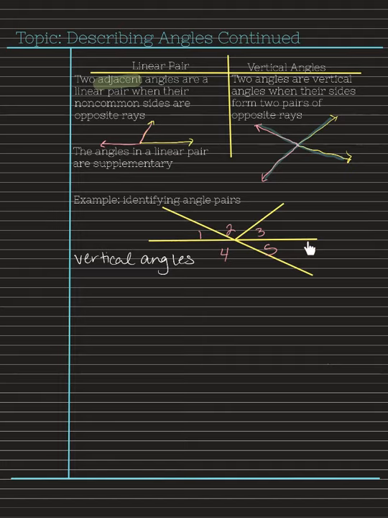I see one straight line here, and I see a second straight line here. If I try to use this one, I'm going to have to bounce up or back to the right. That's not going to create that straight line effect that I need. So if I look at the two angles created by these opposite rays, I have angle 1 and angle 5.